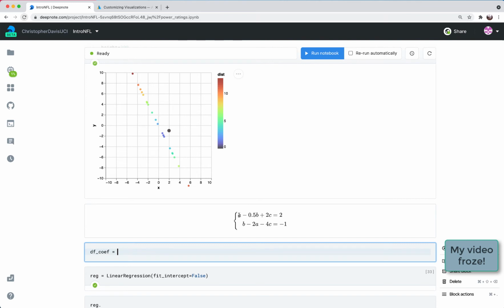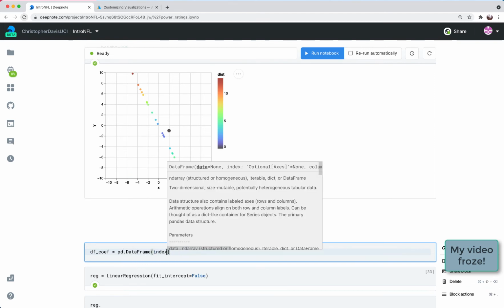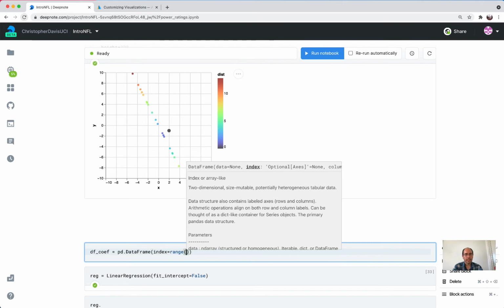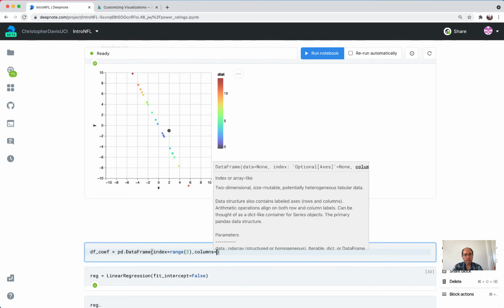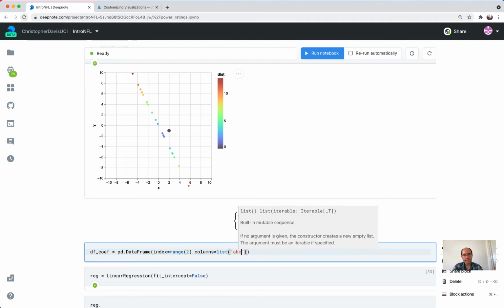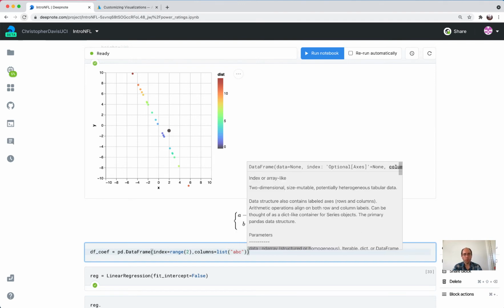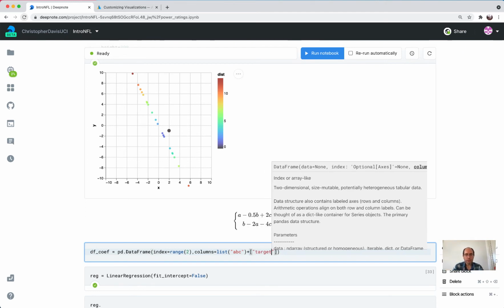This is going to hold the coefficients like 1, negative 0.5, 2. So this is going to be a pandas data frame. Its index is going to be length 2 because there are 2 equations. And then its columns is going to be list ABC, which is just a shorthand way of saying column 1 A, column 2 B, column 3 C. And then I'm also going to have a target column.